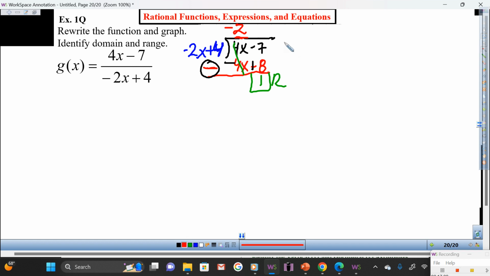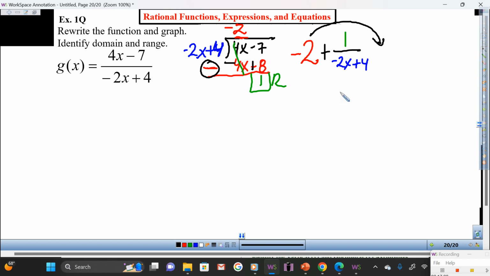So what is our answer? Negative 2 plus, what goes on top? 1 over negative 2x plus 4. Am I done? No, we send the constant to the back.